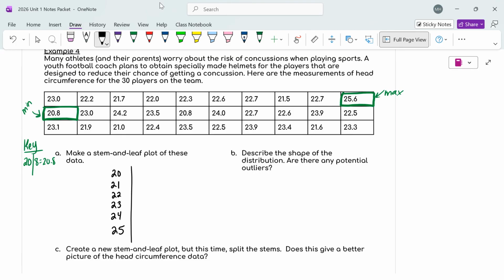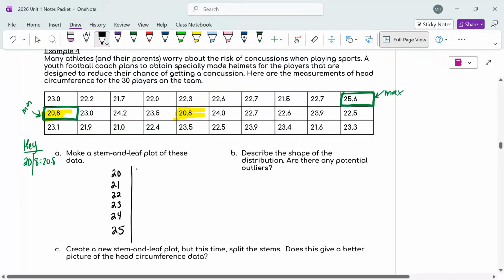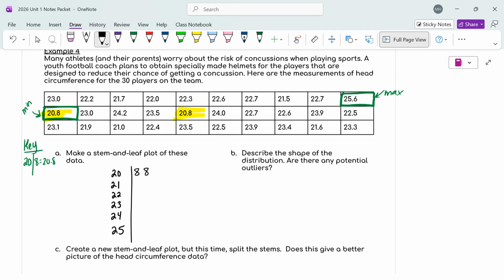Then I need to find my leaves. So all the 20s, there's one here, and there's one there, and that's all the 20s. So I'll put an 8 here and an 8 there. For all the 21s, let's see, the 21s, 21.9, 21.7, 21.0, 21.6, and I think that's all the 21s.